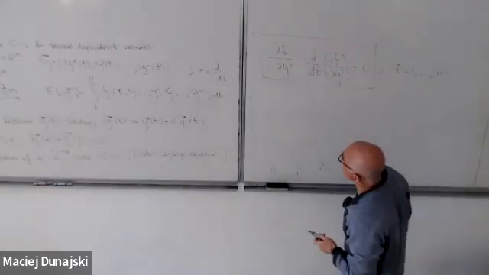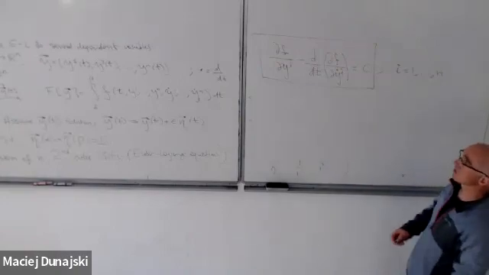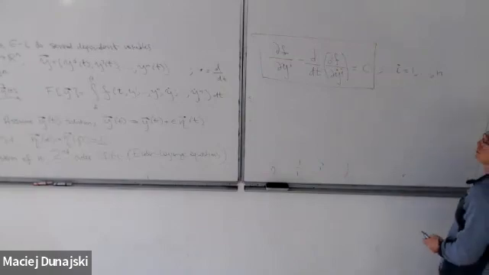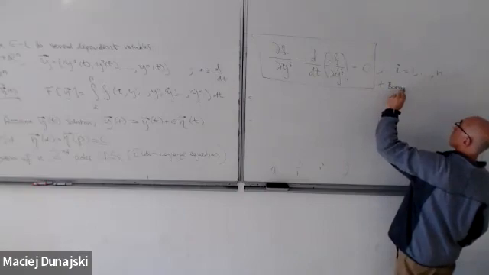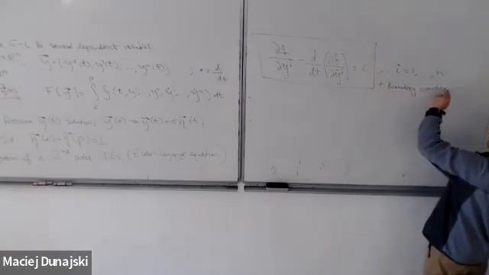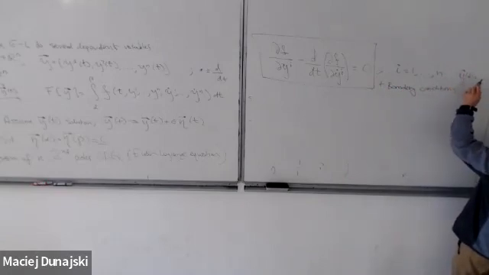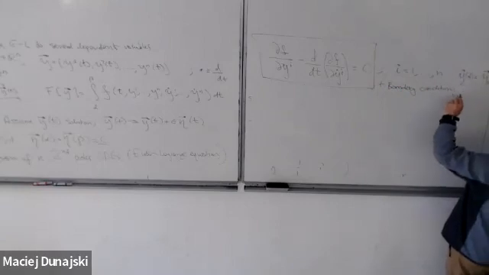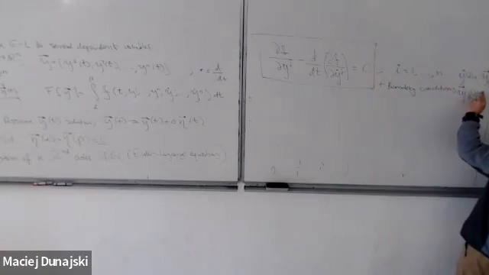And this system of ODEs is complemented by boundary conditions: y of alpha equals y1, where y1 is constant, and y of beta equals y2.